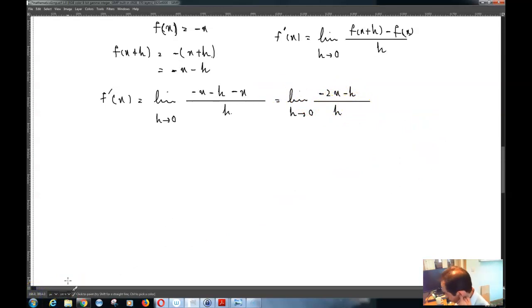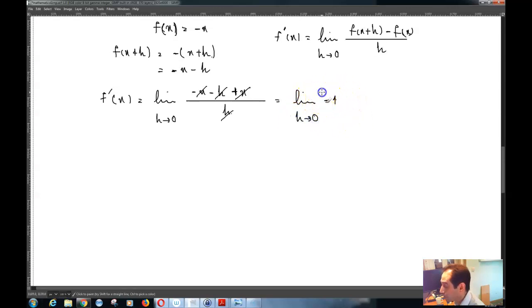Okay, so I made a mistake over here, and that is basically here you're supposed to have minus f of x, and since f of x is equal to negative x, minus f of x is equal to positive x, and then x and x will cancel out, and then h and h will cancel out, so you'll have the limit of negative 1 as h tends to 0.